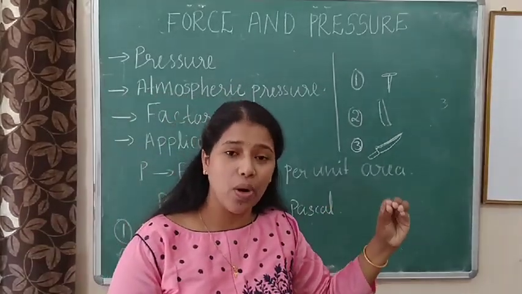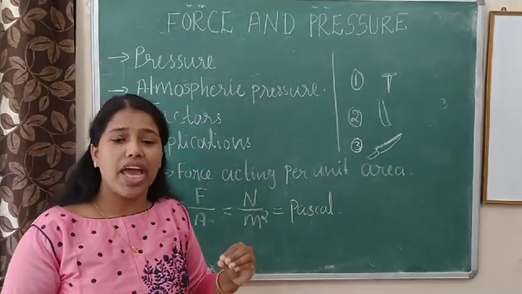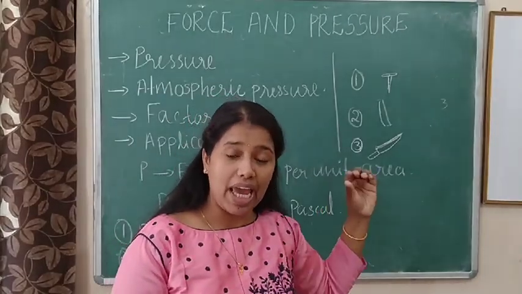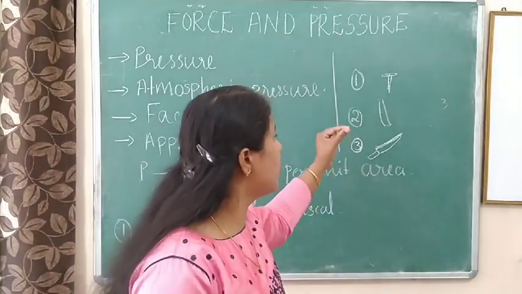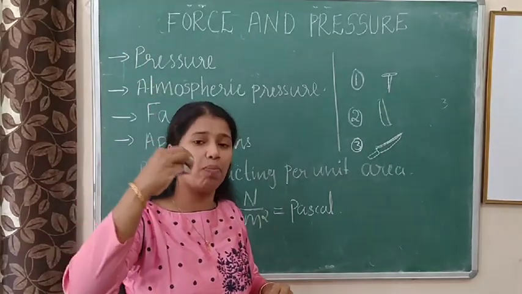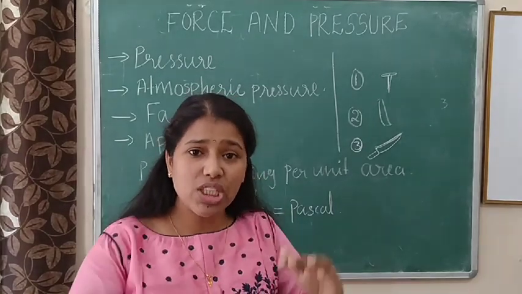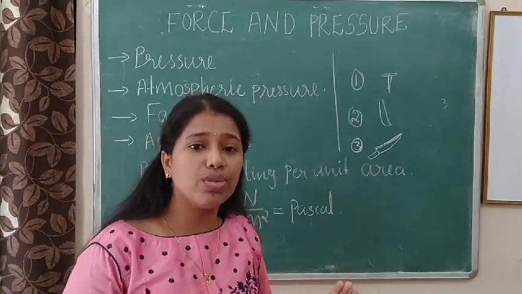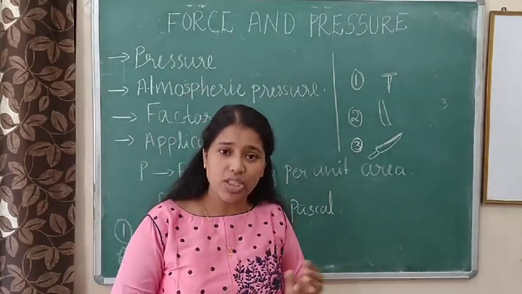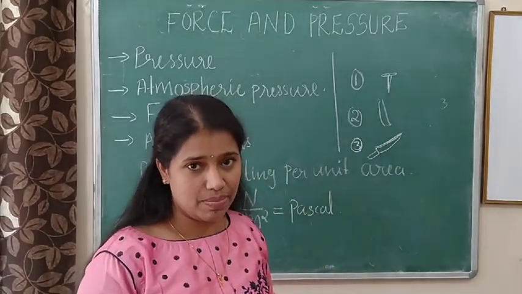While flying, an aeroplane depends on this pressure. As height increases, pressure decreases. That's why inside the aeroplane we use another system to maintain this pressure balance.